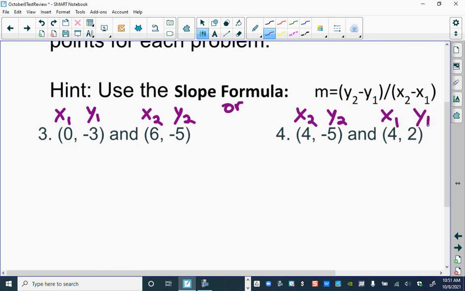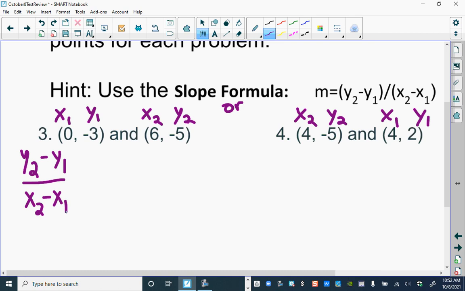Either way, it wouldn't matter. Just be very careful with our negatives, especially this problem right here. Because when you do your setup, I want to talk about this one for a moment. So you do your setup. y2 minus y1 over x2 minus x1.